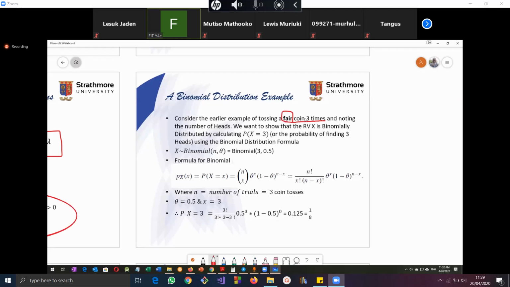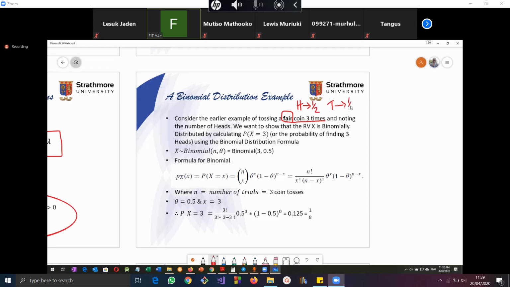What's a fair coin? A fair coin is a coin whereby the head, that's one side of the coin, and the tail, the other side of the coin, have an equal probability. Because the maximum probability is 1, we just divide the probability into 2. So the probability of getting a head is 1/2, and we know this, you must have done this already.